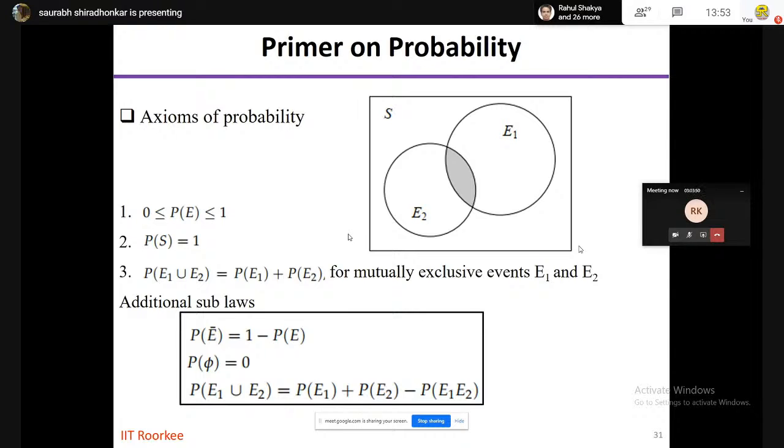If you know the probability of event E1, then the probability of E1 complementary is simply 1 minus the probability of E1, which says that if E represents the event which is happening, then E bar represents the event not happening. Likewise, there are other laws, where the probability of phi, which is a null set, has to be 0, meaning it's an impossible event.